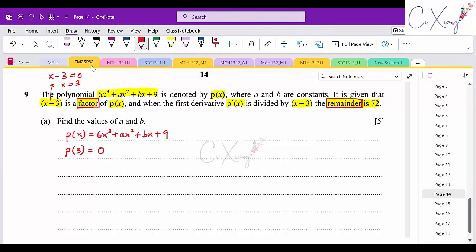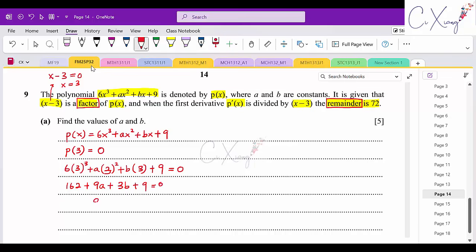All right, so substitute 3 into the polynomial: you have 6, and then replace all the x by 3, and it equals 0. Try to simplify the equation here. By right, you'll have 162 plus 9a plus 3b plus 9 equals 0.